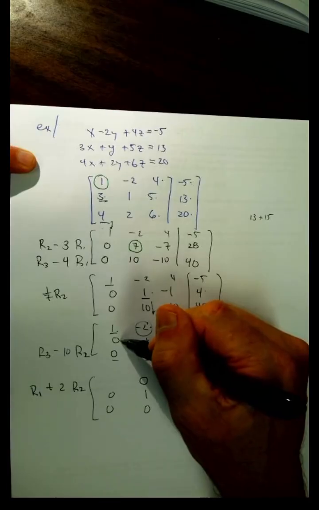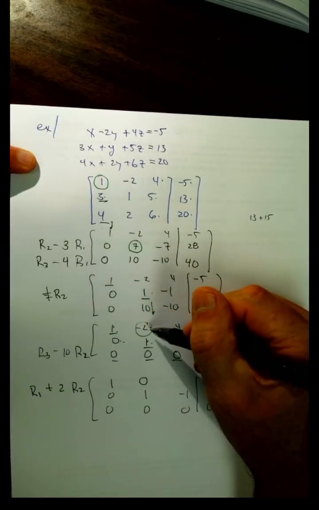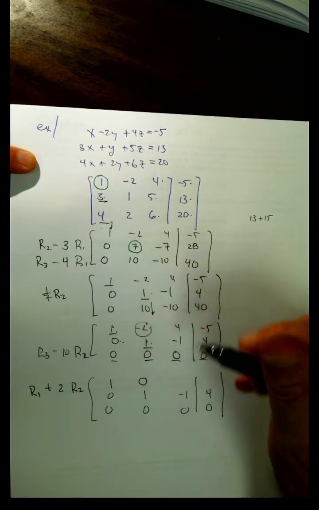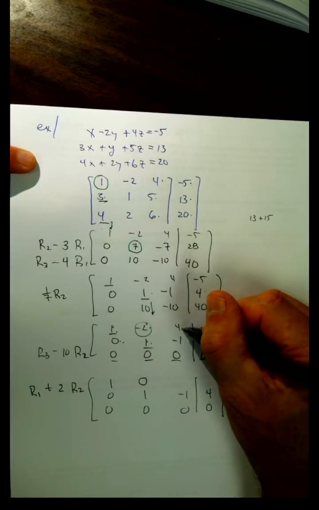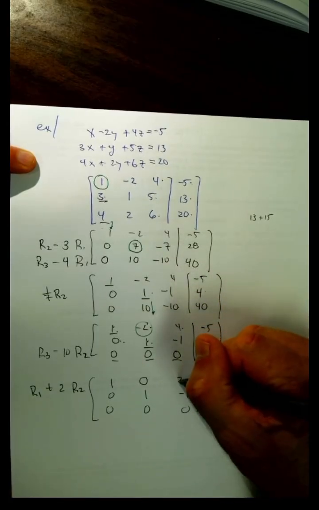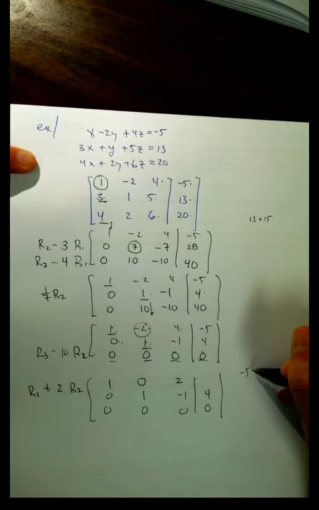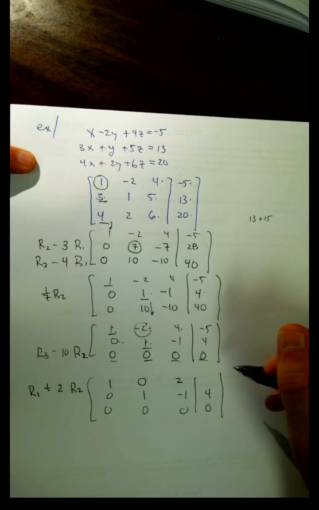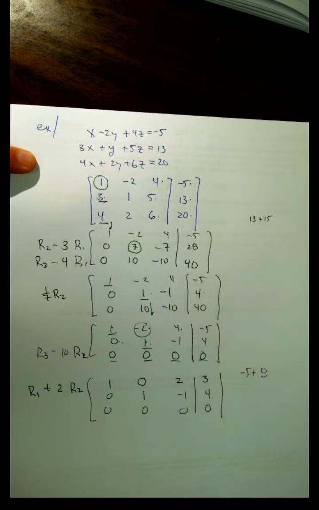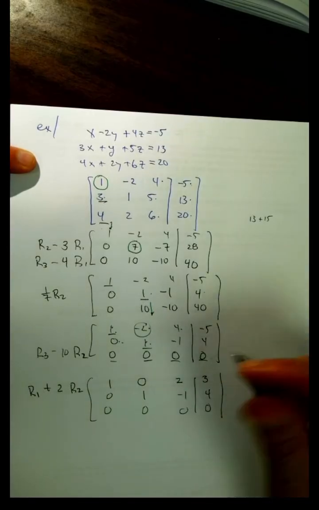So let's see, this is going to give me 1 minus 0 times 2 is 1. Minus 2 plus 2 is 0. And this will give me 4 minus 2 is 2. This can give me minus 5 plus 2 times 4 is 8, so that's going to give me 3. Is that correct? I think so, yeah.